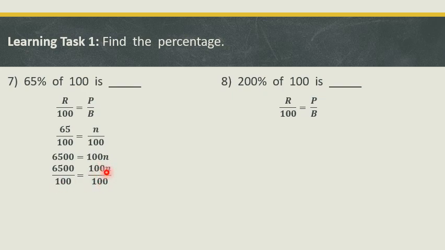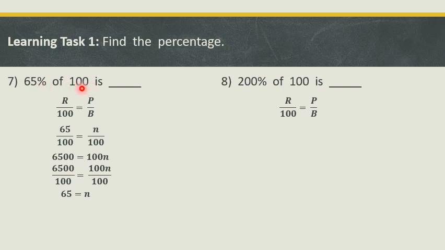Nagkataon lang po na ang katabi ng N natin is 100. 6,500 divided by 100 is 65. And 100 divided by 100 is 1, matitira ang N natin. Mapapansin nyo, yung 65% ng 100, 65 din. Kasi, di ba, ang 100 is, kung percentage, ang kabuuan is 100%.